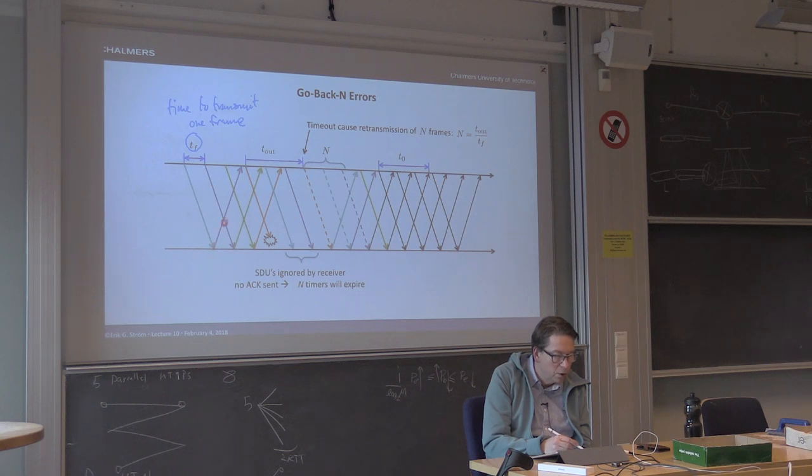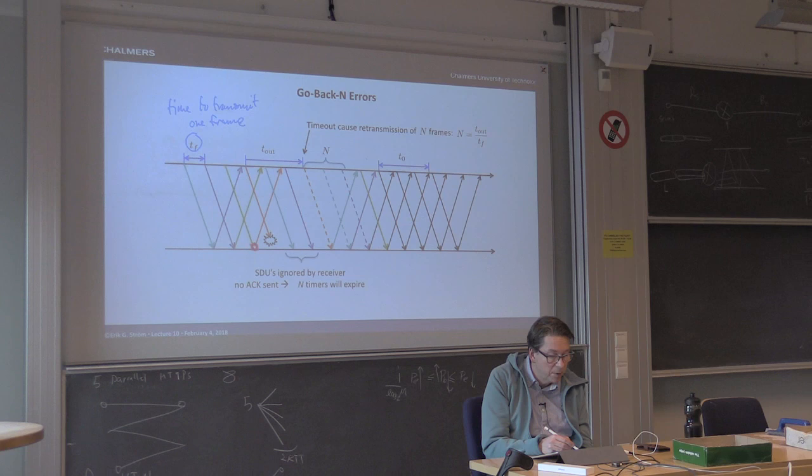So it sends an acknowledgement back with the purple sequence number. At the same time, the purple frame is in transit, and it arrives here, and then the receiver would like to see the green one, so it sends an acknowledgement back saying, I'd like to see the green frame. The green frame is already in transmission.